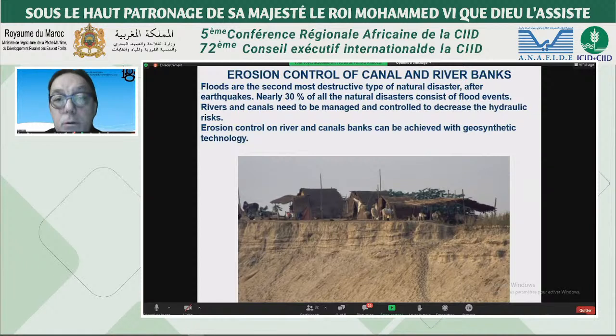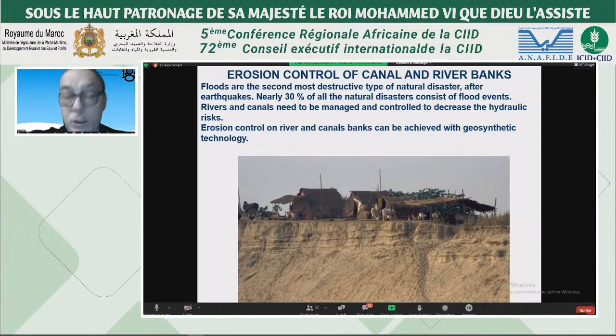Maintenant, passons au contrôle d'érosion des canaux après des catastrophes. À peu près 30% des catastrophes naturelles consistent en des phénomènes d'eau.